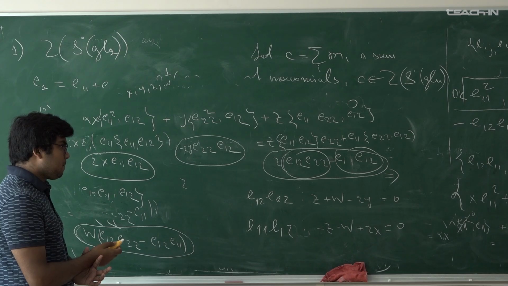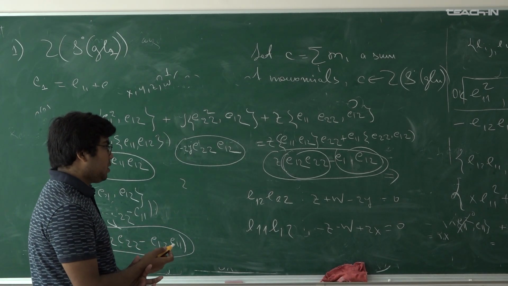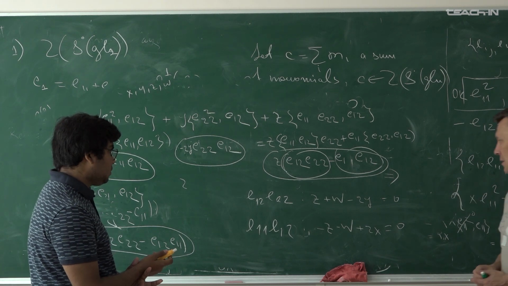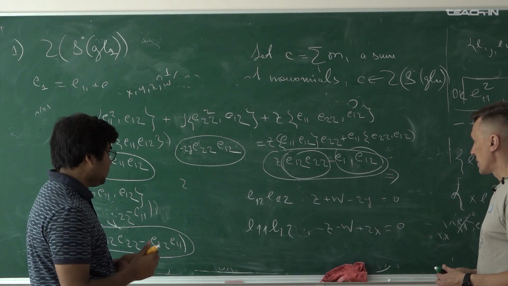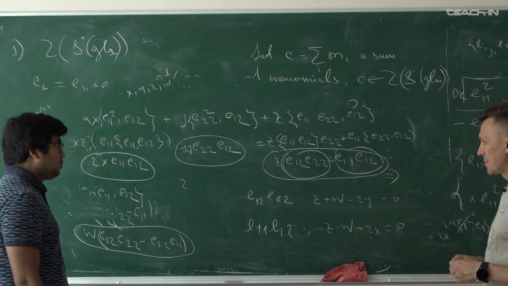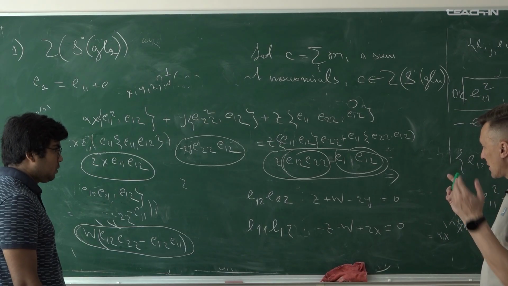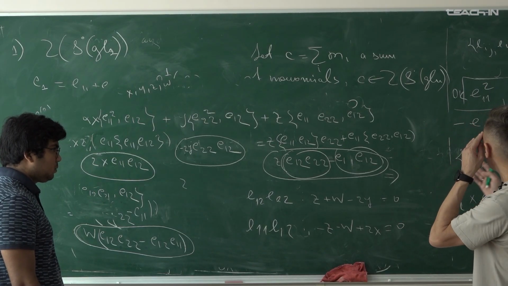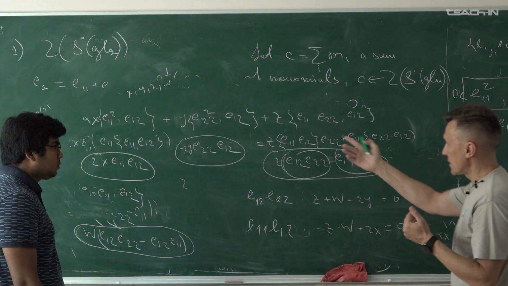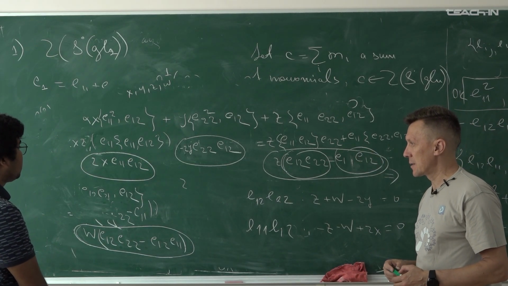It's done; the space of solutions is two-dimensional. We have to understand that it is exactly the linear space generated by two quadratic Casimir elements.